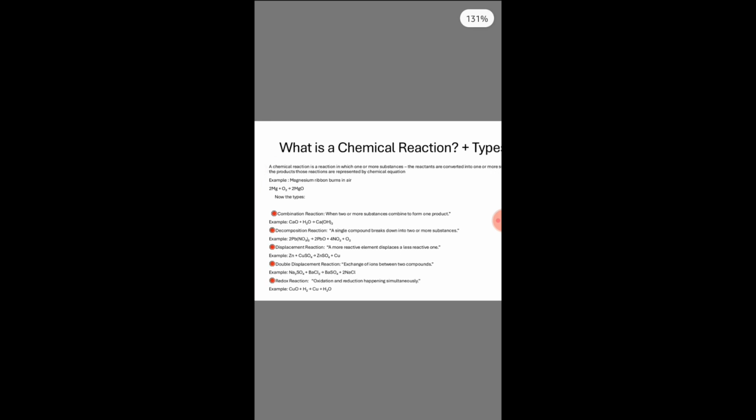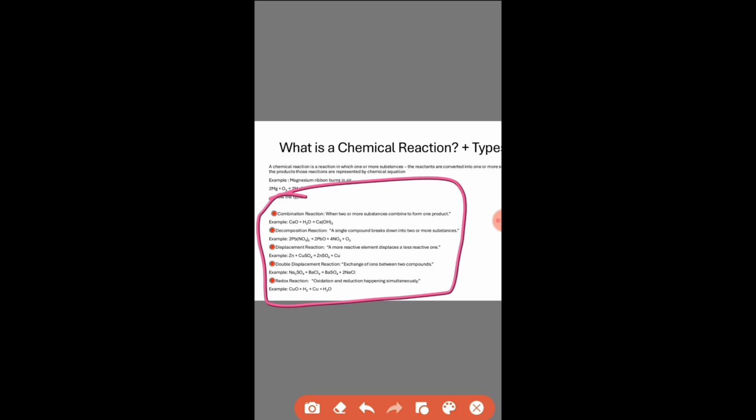These are the classic examples of the reaction types. Just remember, at least not all of them, the displacement reaction, the double displacement reaction, and this one. This is very highly important. So let's move to the next slide.